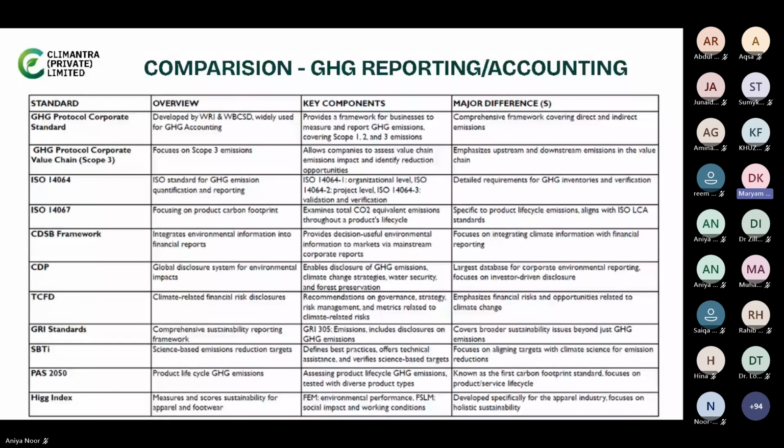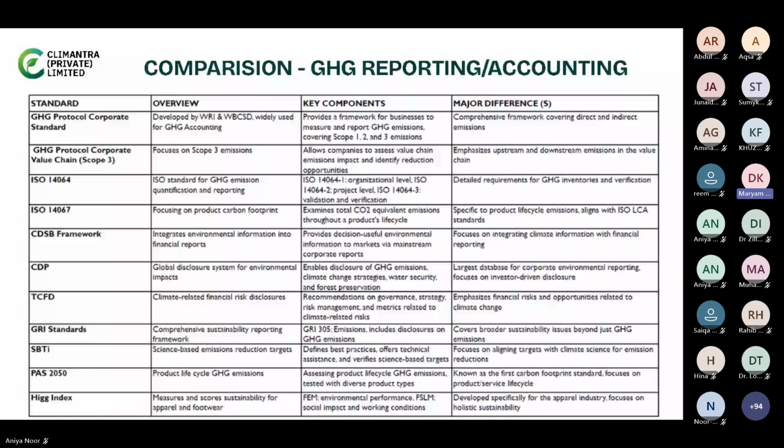Okay, in this slide, I have given the comparison of all the GHG reporting and accounting frameworks to understand them easily. First, the GHG Protocol Corporate Standard. It was developed by the WRI and WBCSD, and it is the widely used GHG accounting framework.